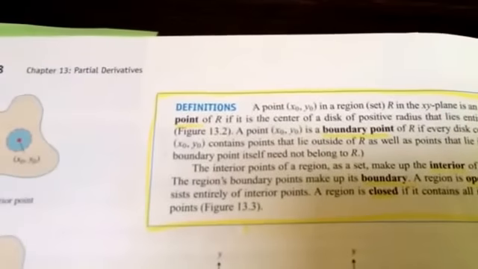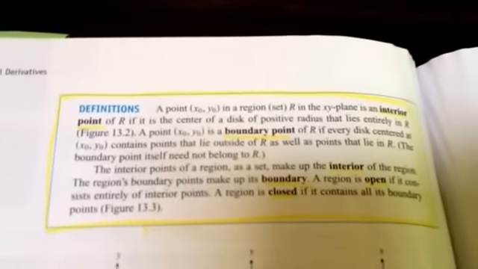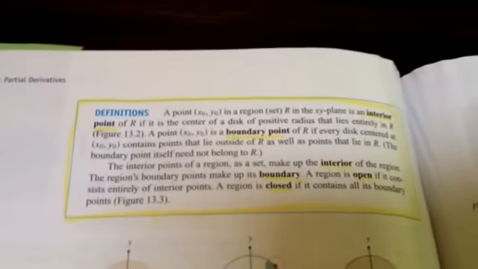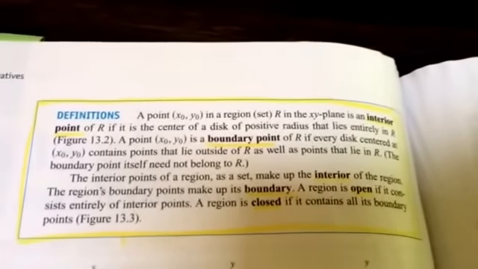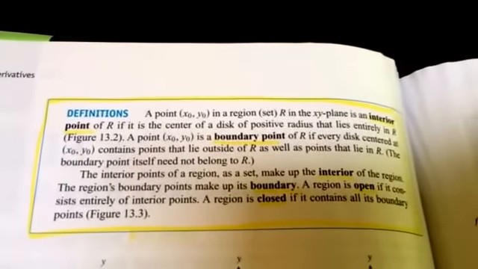Okay, page 688. There's a ton of definitions in this section. I hope you like vocabulary. Here, it's talking about interior points and boundary points. So basically, just the non-math definition, interior points are inside, boundary points are on the boundary, obviously.